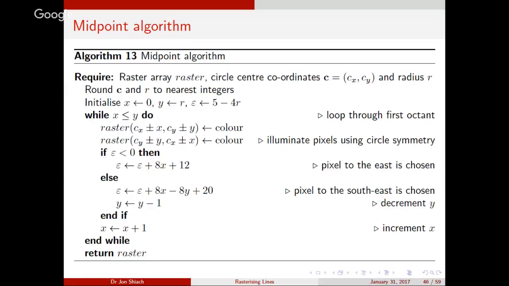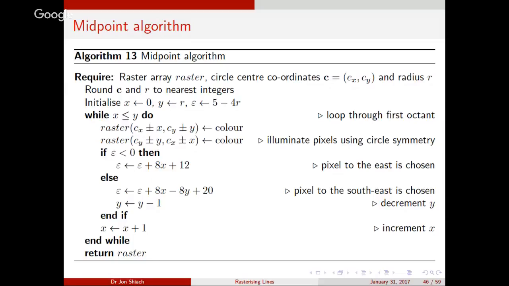In this case, our epsilon was minus 19, which is still less than 0, so go to east again. But we have to update our error. And our error is the current error plus 8 times our x coordinate, which now is 1, plus 12.